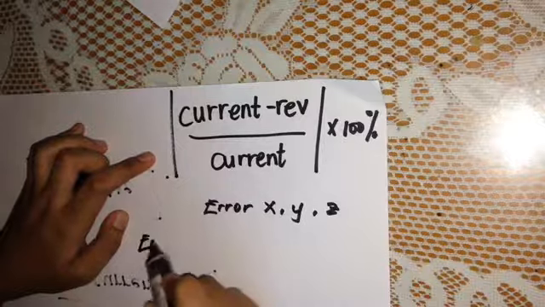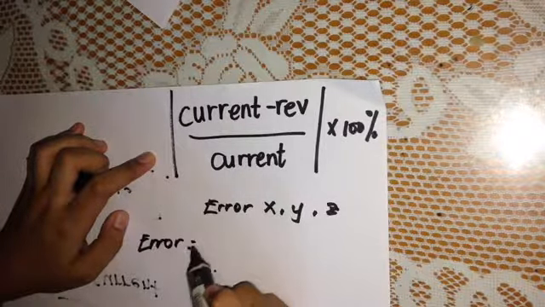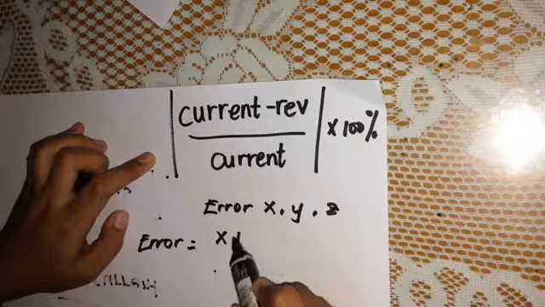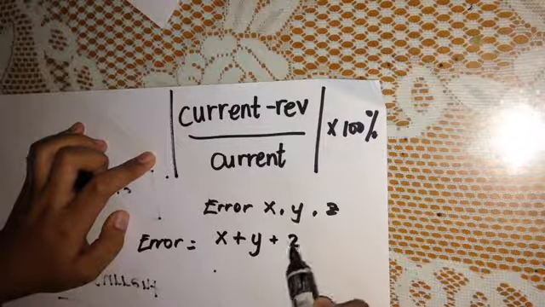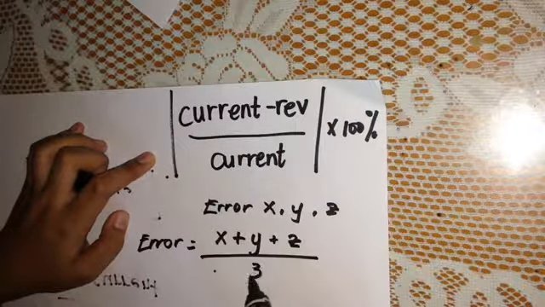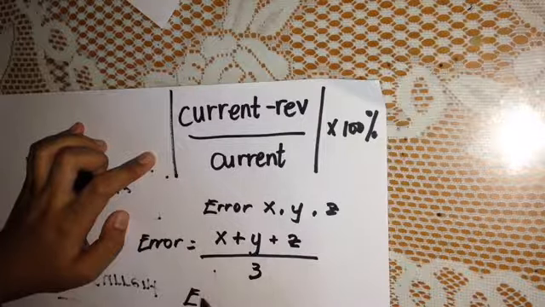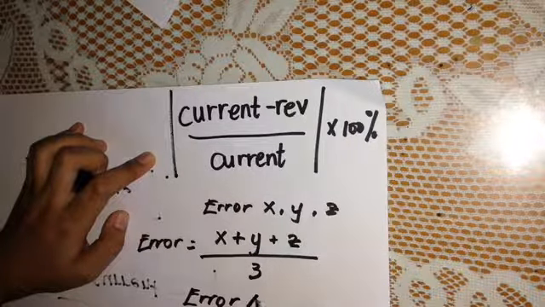Computing for the error average, we'll just have to add the value of x, y, and z and divide it by 3 to get the error average.